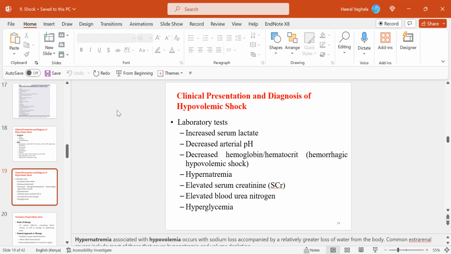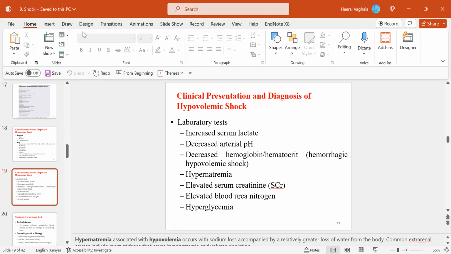Also, there is an isotonic solution that I don't remember the name of, but it contains both sodium chloride ions and the Ringer solution.